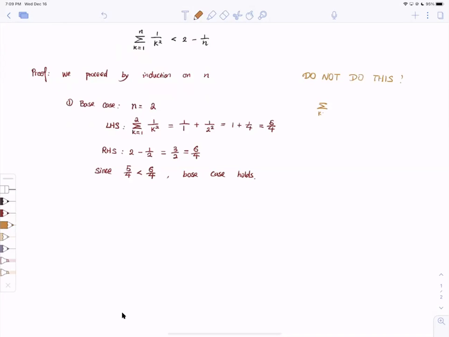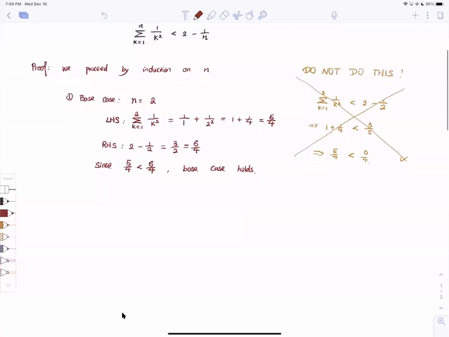You write something and then say, oh, this is 1 plus 1 over 4, which is less than 3 over 2, and then we got 5 over 4 is less than 6 over 4, so we know this is true, so my base case holds. Do not do this. Do it step by step and actually show that your left-hand side is less than your right-hand side. Anyway, back to the actual proof.